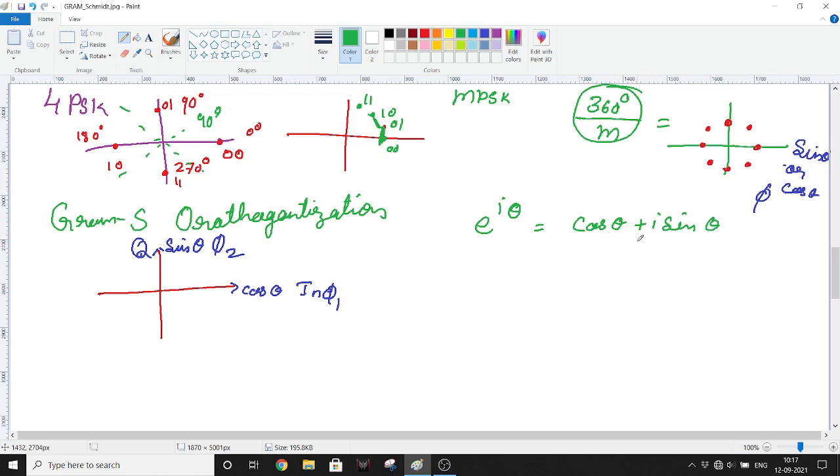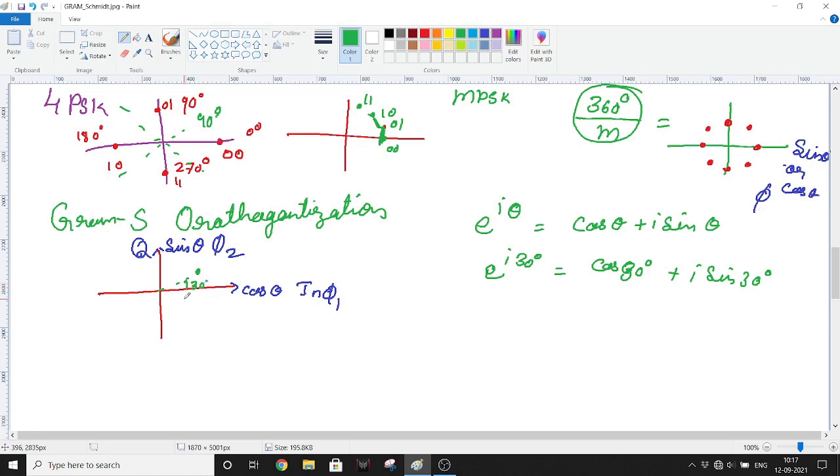Traditionally, it represents a circle because theta is not specified, as theta goes from 0 to 2 pi. What if I write e raised to i 30 degrees? That is equal to cos 30 plus i sin 30. So here I can represent that at an angle of 30 degrees.